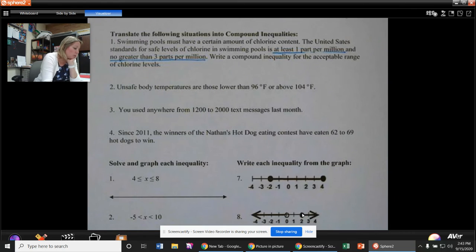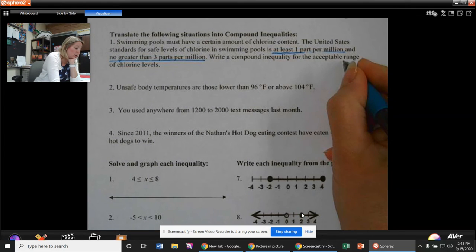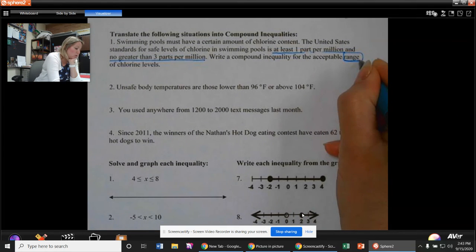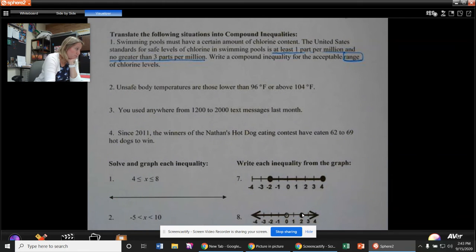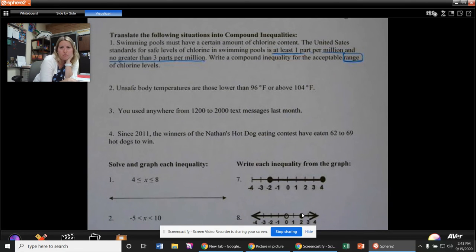Write a compound inequality for the acceptable range of chlorine levels. So the smallest amount of chlorine, at least, is the smallest amount of chlorine I'm allowed to have. And I can't have greater than 3 parts per million for this chlorine.